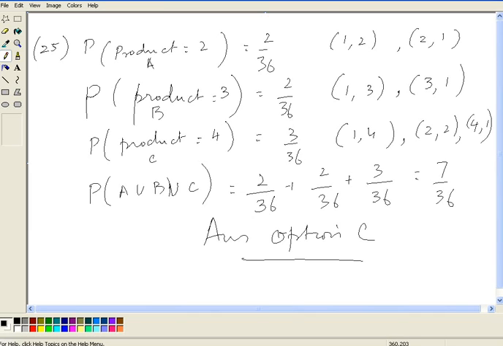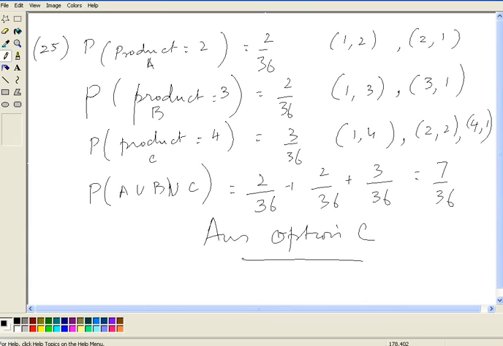Similarly for product B, to get a product of 3 by throwing 2 dice would again be 2 by 36, because when you throw 2 dice, the total possible events are 36, 6 into 6. Out of that, 2 options will come, that is 1 3 or 3 1, to give a product of 3. Similarly for product C, which should equal 4, you have 1 4 or 2 2 or 4 1 from 2 dice.